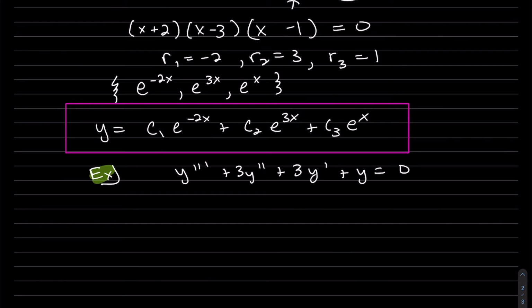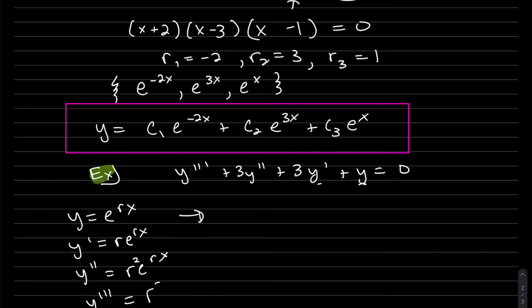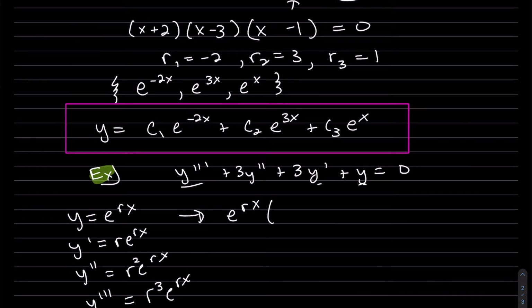So we're going to use y equals e to the rx, same thing. And you might want to do this, or maybe you can skip it. I'd be careful though, down here you can mess up. Plug it in, basically you're going to be factoring that out, and then what will be left is just the r to the third.